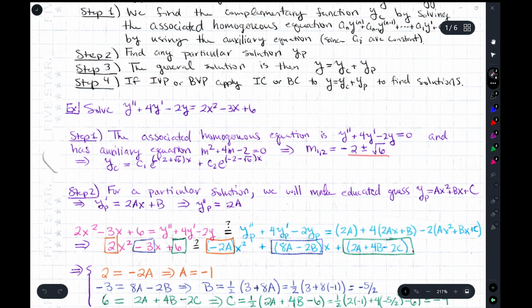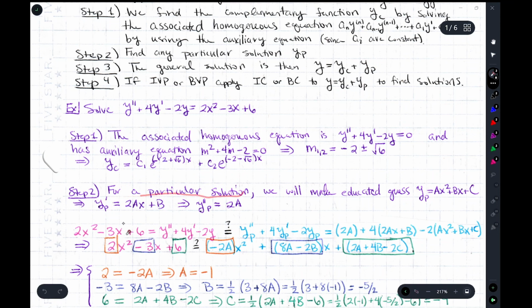And we apply the quadratic equation. Okay, we get these two solutions there. They're real, they're distinct, and so we're left with this complementary function. Okay, so the general solution of the associated homogeneous equation is called the complementary function. It's not the general solution of the whole differential equation, but just of the associated homogeneous equation.